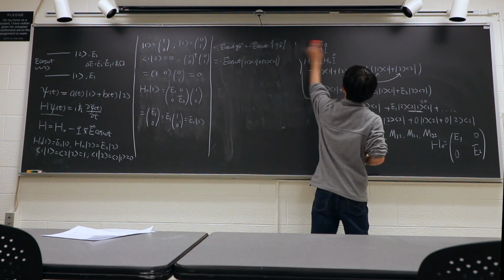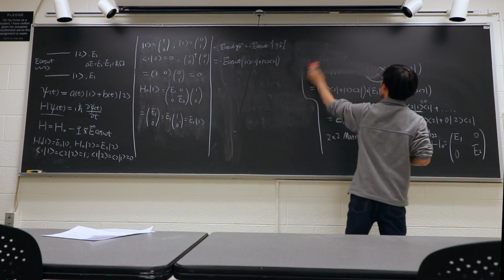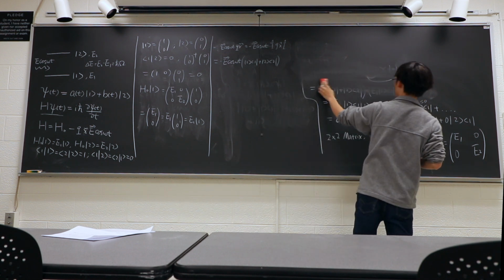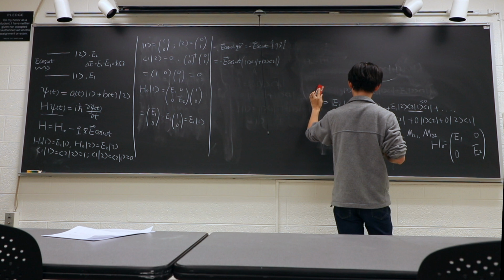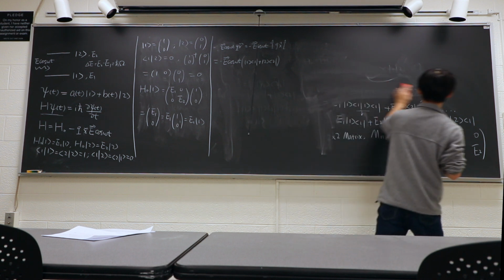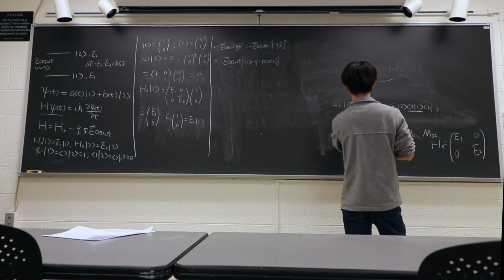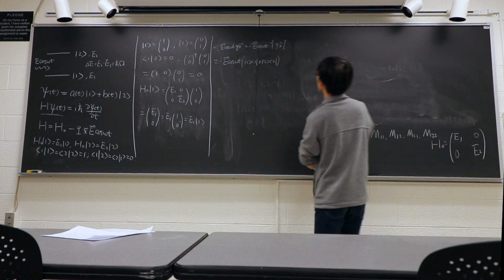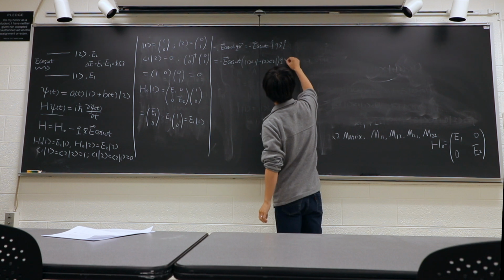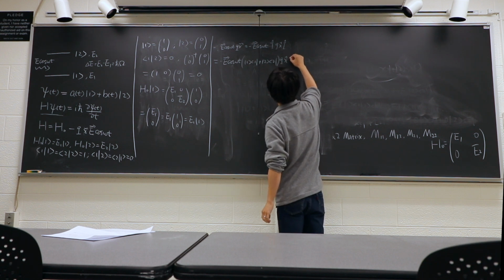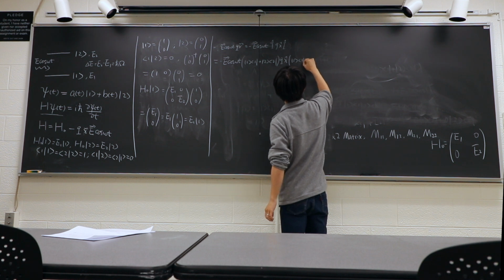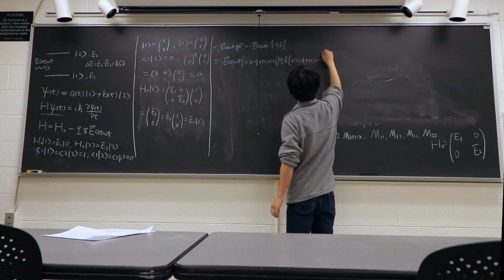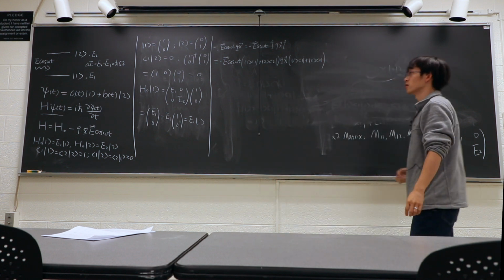Let's erase this side. 1, 1, 2, 2, Q, X. And then 1, 1, 2, 2.